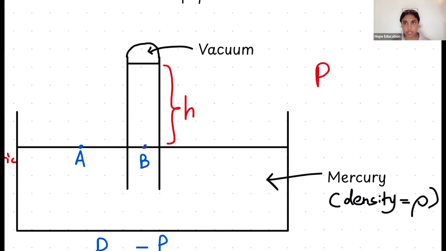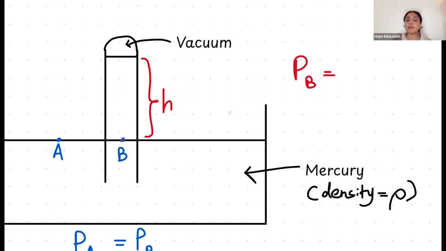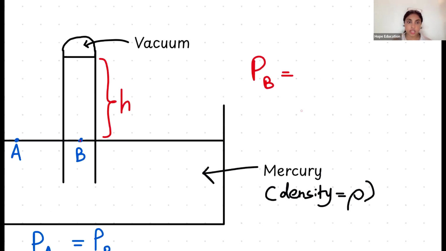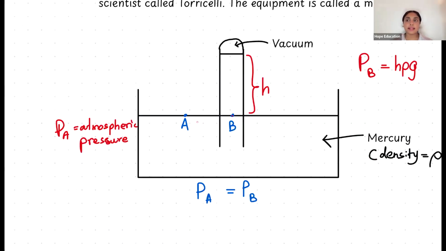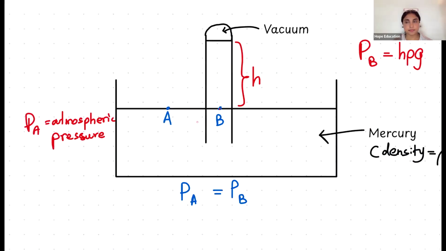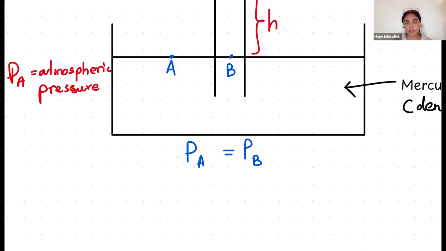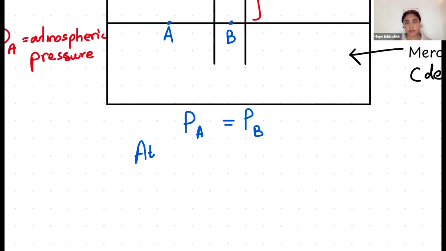The height is H. So pressure of a liquid we calculate using H rho G, where height is H, density is rho, and gravitational acceleration is G. So pressure at B is H rho G, and pressure at A is atmospheric pressure. Is that clear? Since pressure at A is atmospheric pressure, here instead of pressure A, I will write atmospheric pressure.